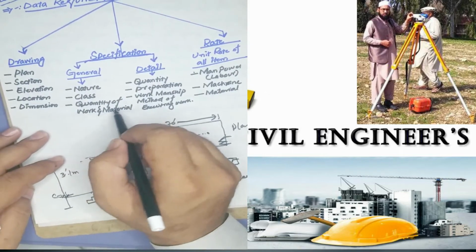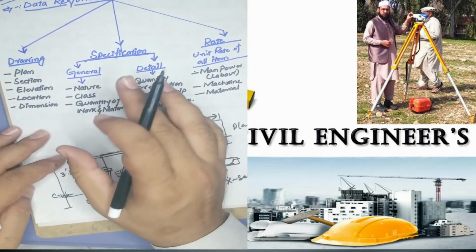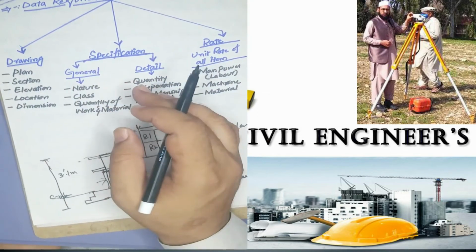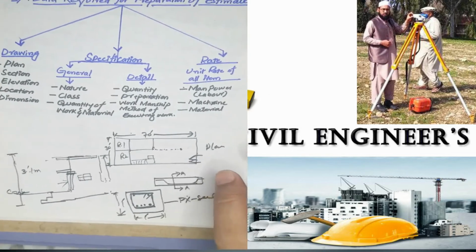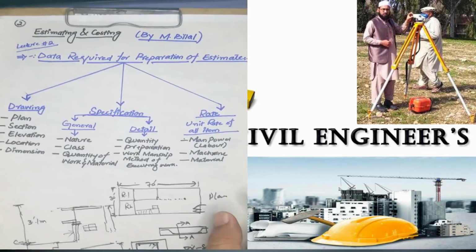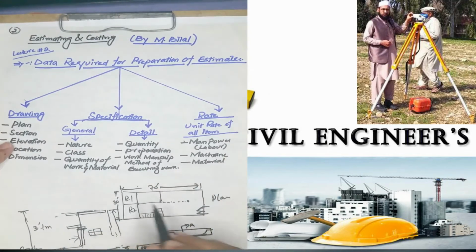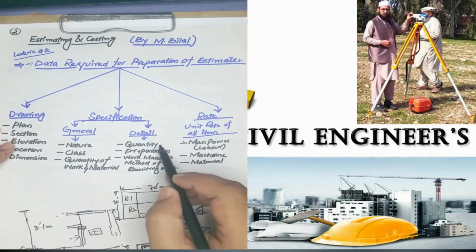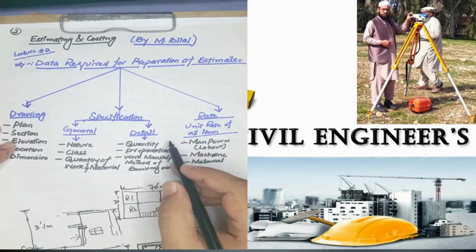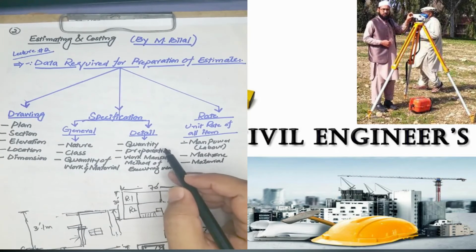The third one is the quantity of work and its materials, which is also required for general specification. For detailed specification, quantity is required: quantity of material, quantity of doors, quantity of woodwork, quantity of concrete.